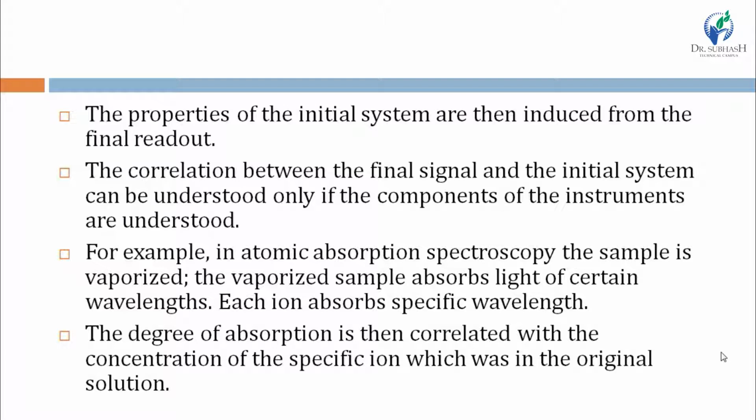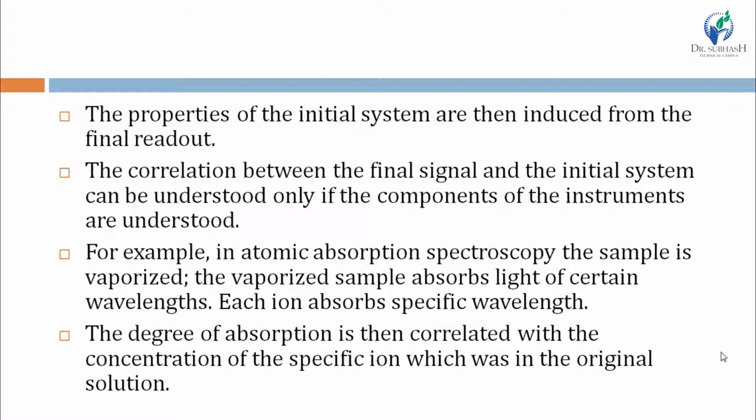Through this vaporized sample, the light is passed, and this vaporized sample absorbs light of specific wavelength according to the ions present in that sample. The sample absorbs light of specific wavelength, and this depends on which ions are present in the sample, because each ion absorbs light of specific wavelength.